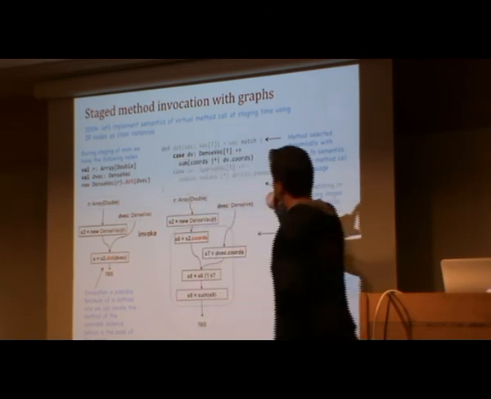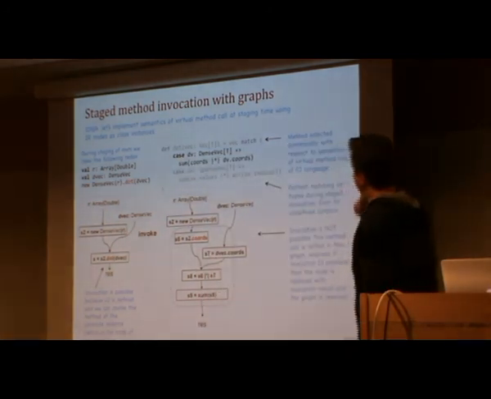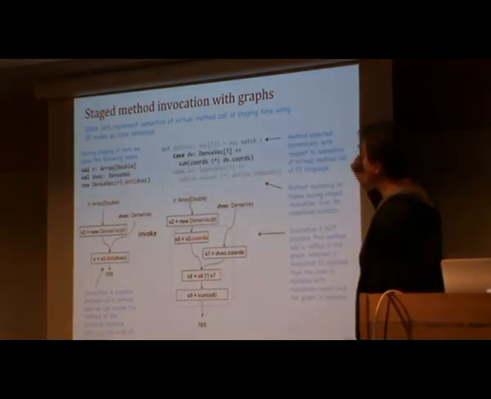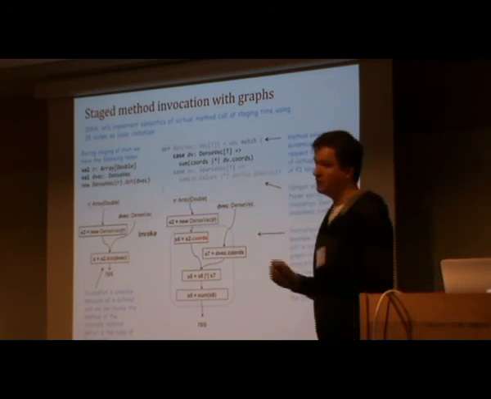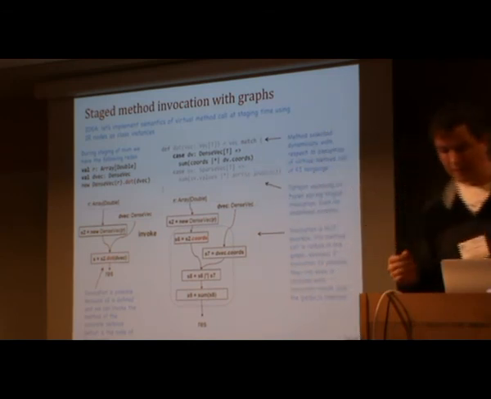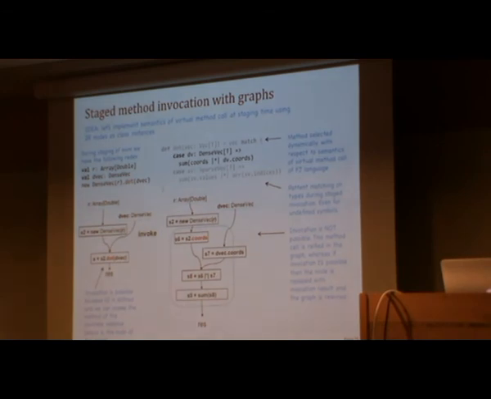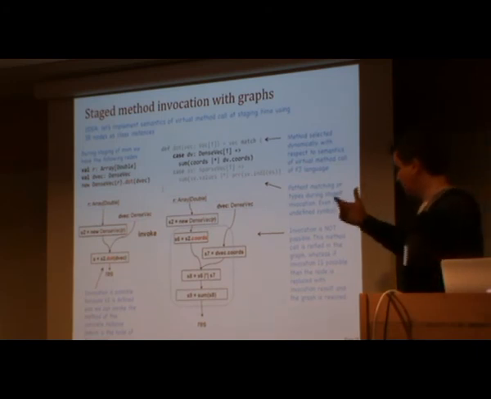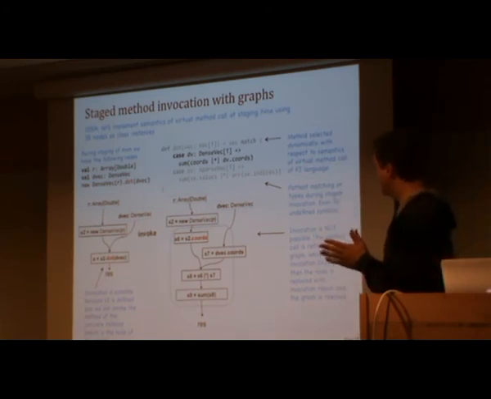And the idea is that we implement the semantics of virtual method calls at staging time using intermediate nodes as instances. So literally we take an instance of the graph and call the method of this instance. And what happens is the result of this application, which is according to the semantics of the object-oriented language.